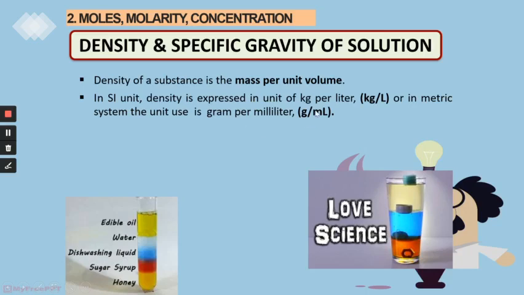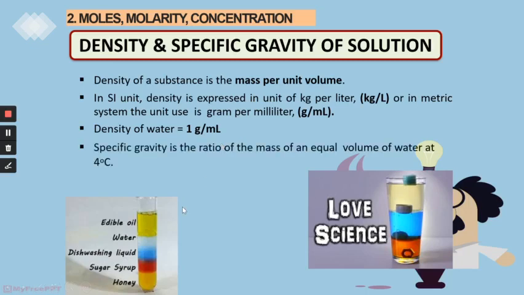According to the unit, the formula for density is mass per volume. So mass can be in unit kilogram and volume in unit liter, or the mass can be in unit gram and the volume in unit milliliter. Density of water equals 1 gram per ml.